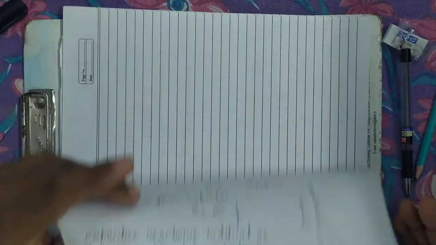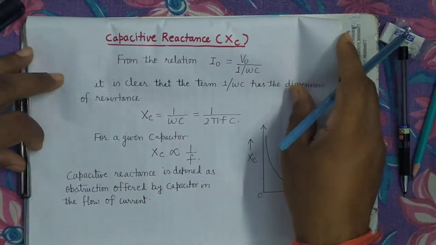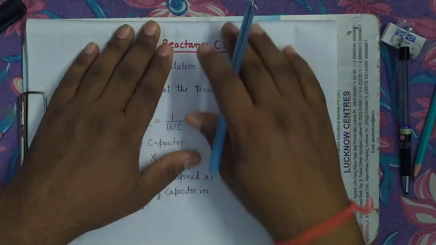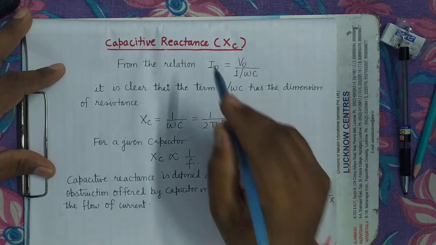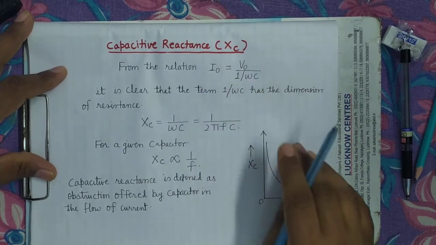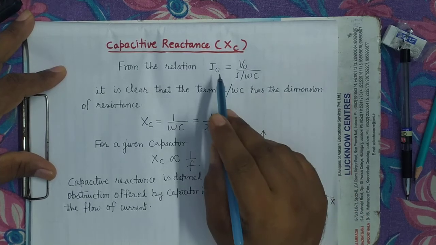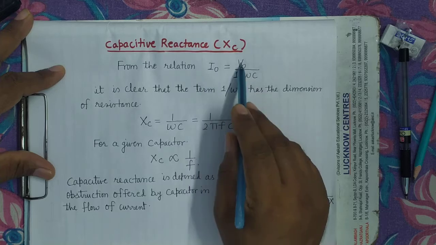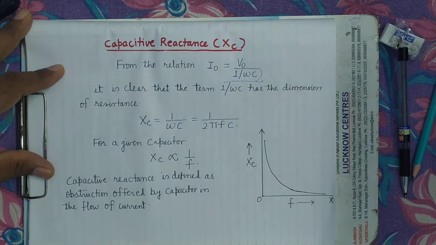Now what is the capacitive reactance? Capacitive reactance, this is also a term identical to the inductive reactance. As you have seen this relation, I naught equals to V naught divided by 1 upon omega c. From here it is very obvious, this is current, this is voltage, therefore this is a term which has the dimension of resistance. Its unit will be ohm.